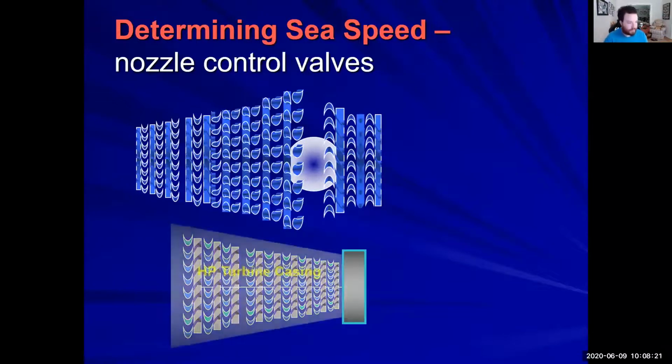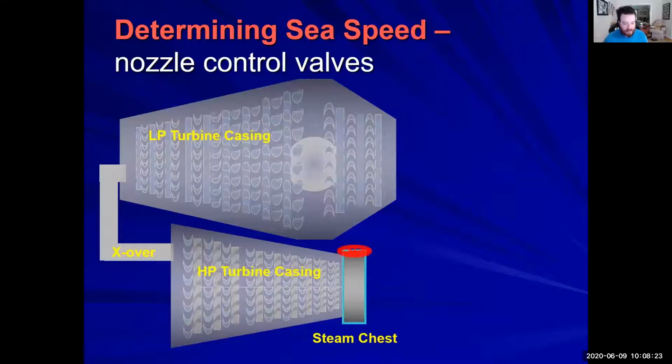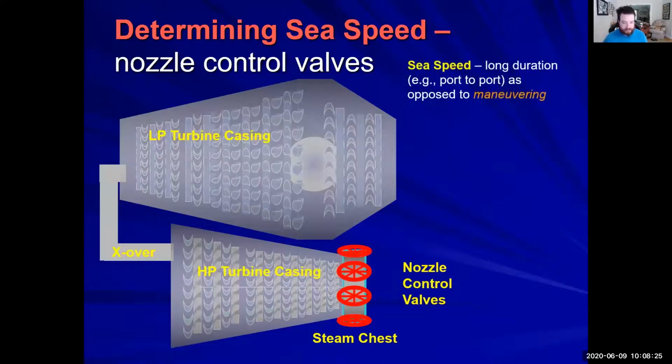So let's talk about nozzle control valves. Your nozzle control valves, as I talked about, are coming from your steam chest. That steam chest is the portion that controls all of the steam before it goes into your HP turbine. So you have your C speed.